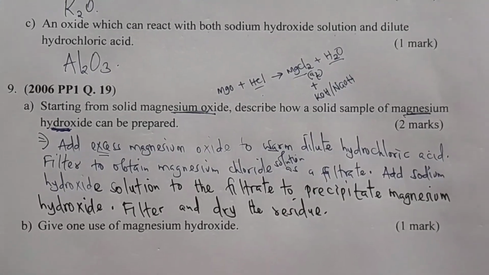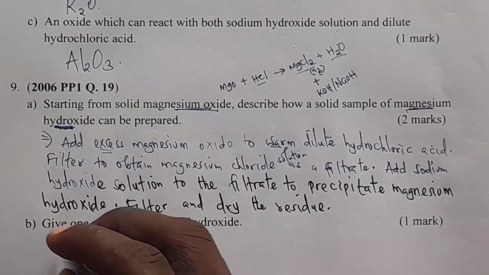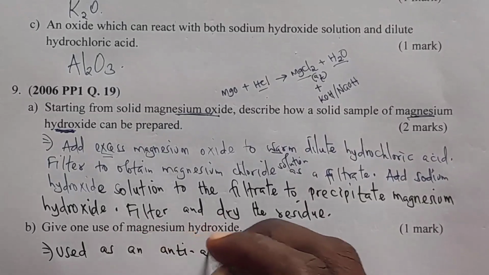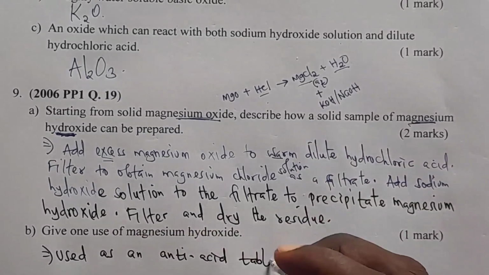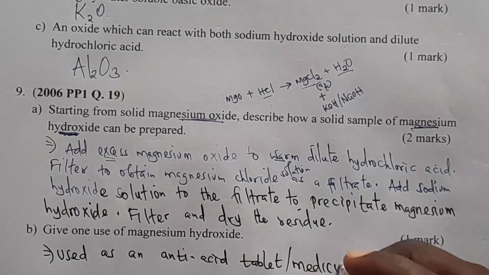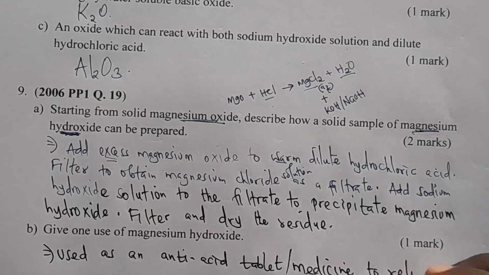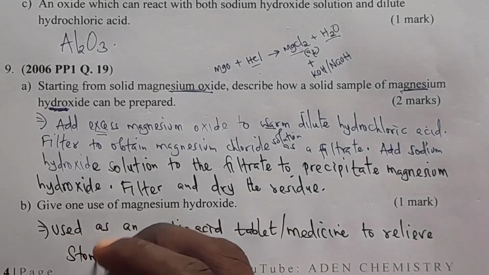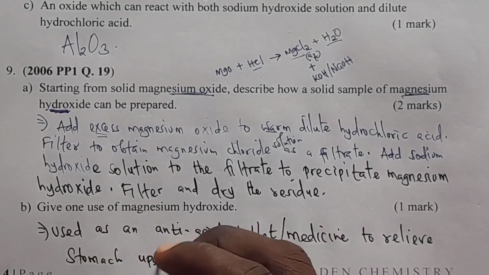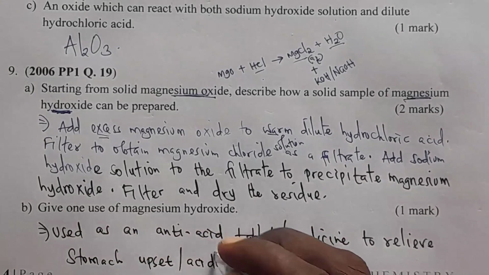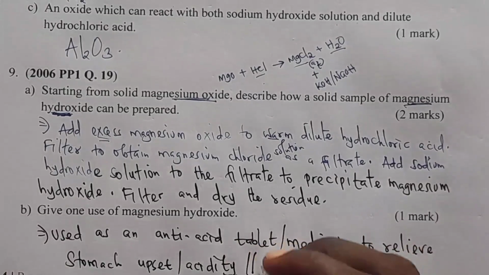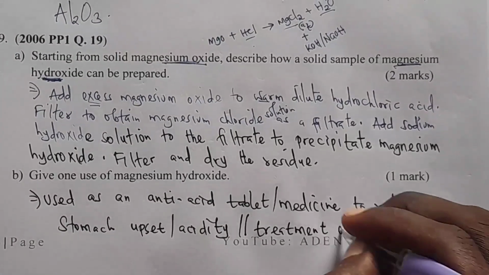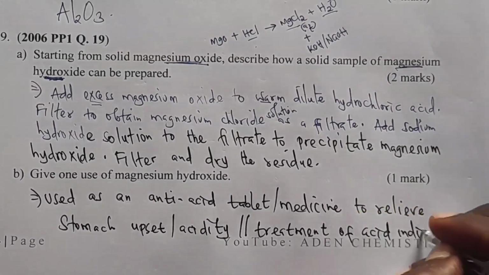So magnesium hydroxide is used as an antacid tablet, or antacid medicine in order to relieve stomach upset, or stomach acidity, or even we can say treatment of acid indigestion.